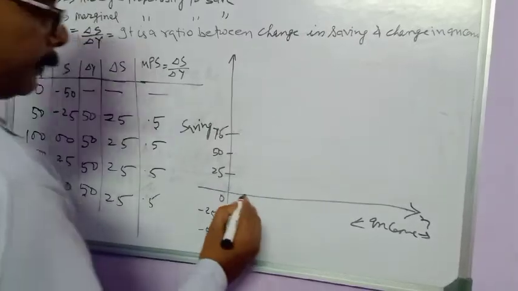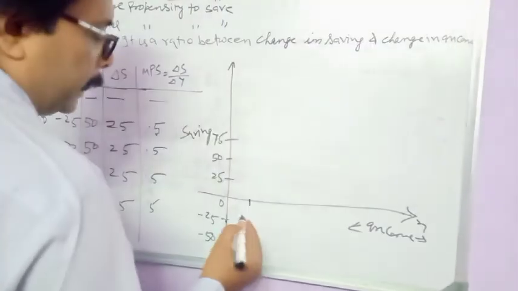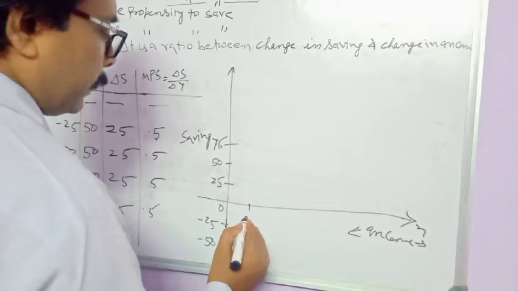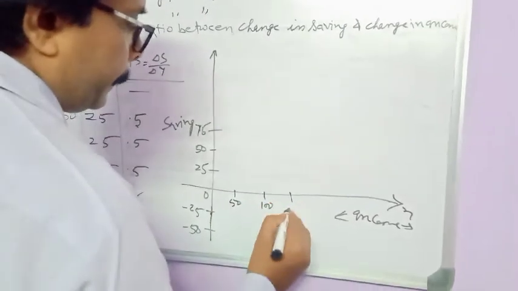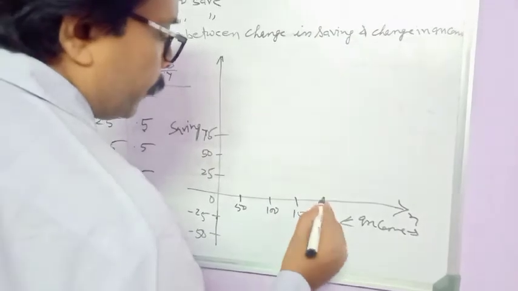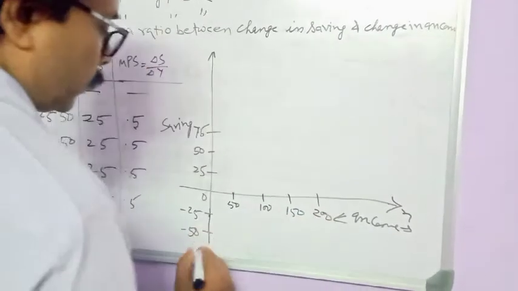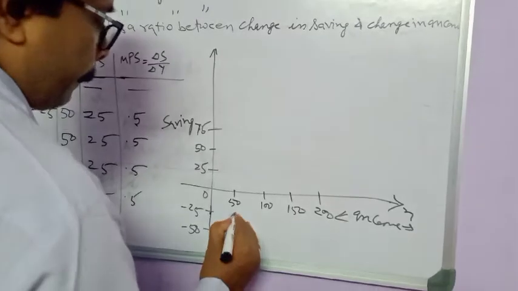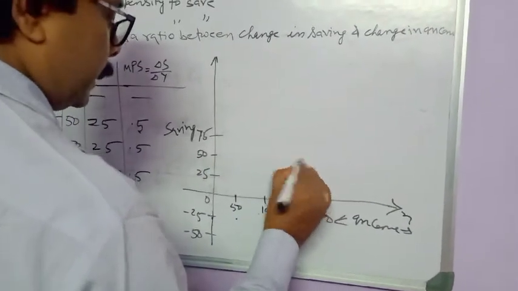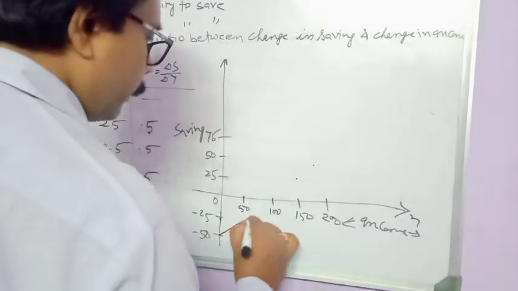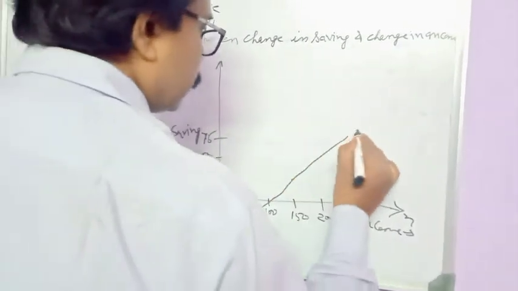Previously we have already calculated the saving lines. So suppose income is 50, 100, 150, 200. So in this way the saving line is moving upwards. This is our saving line.